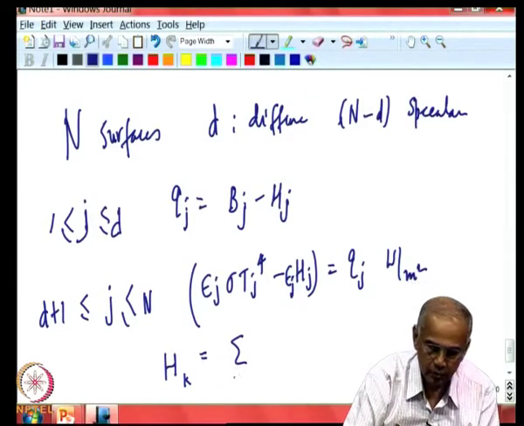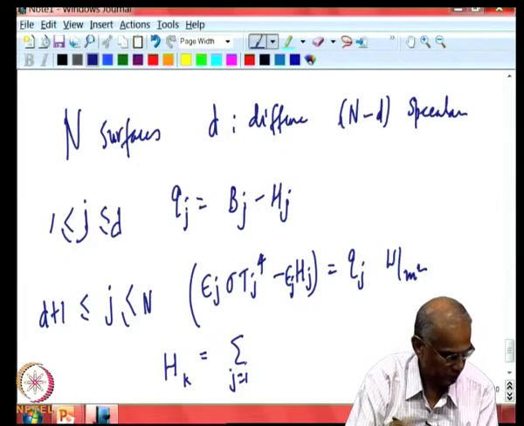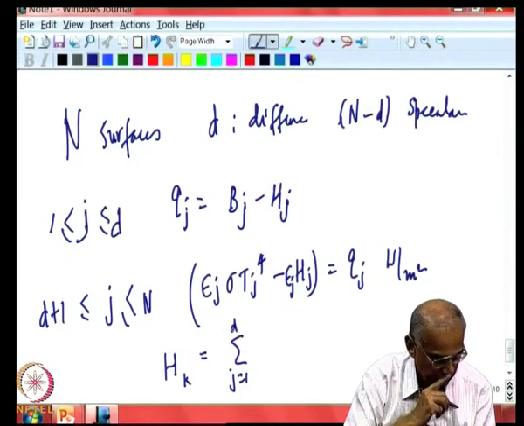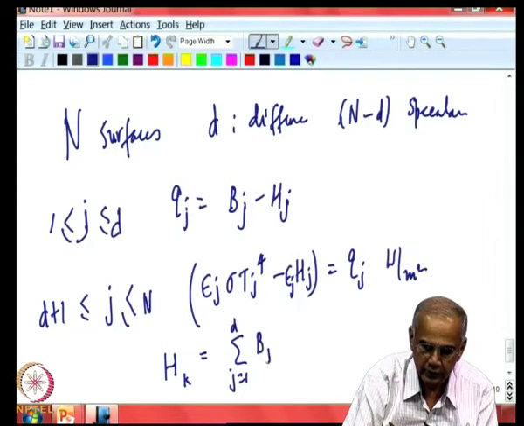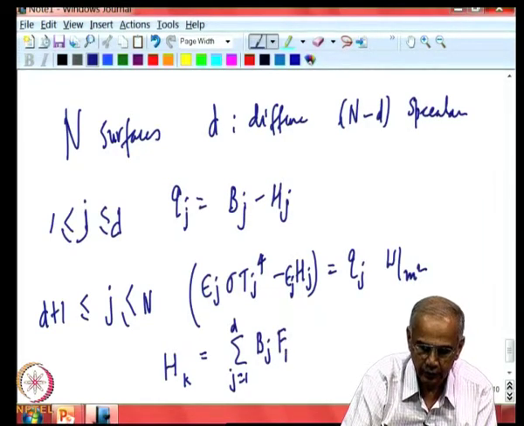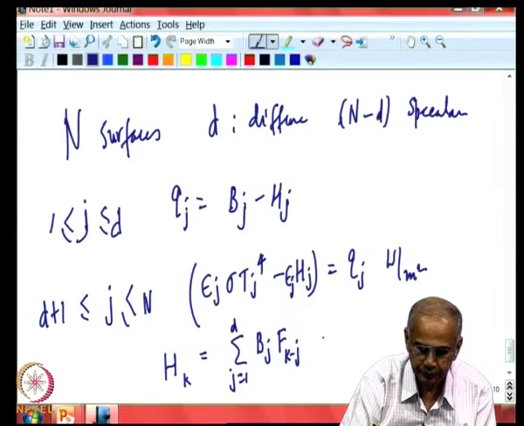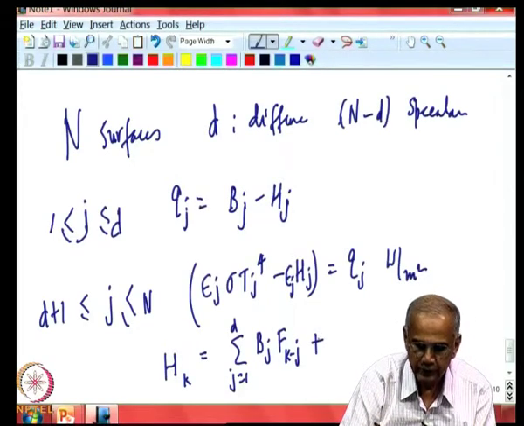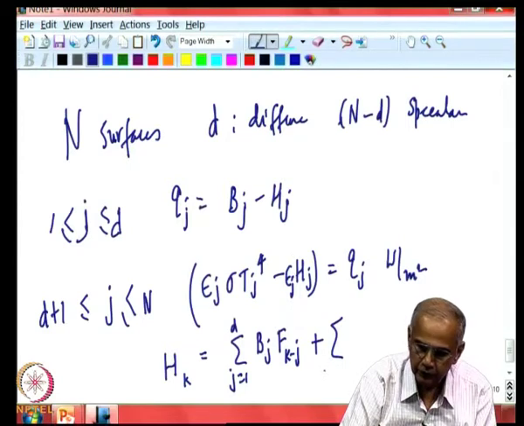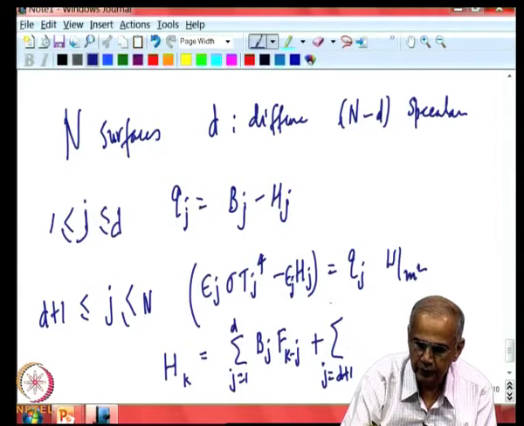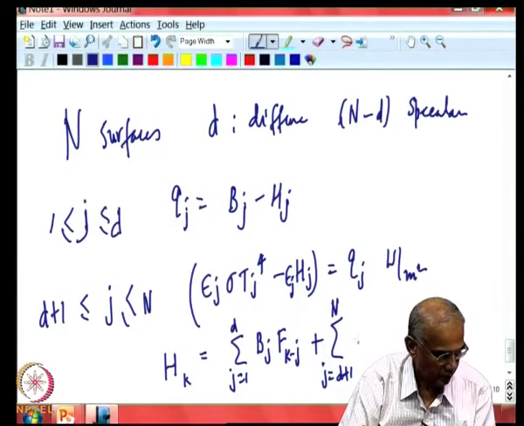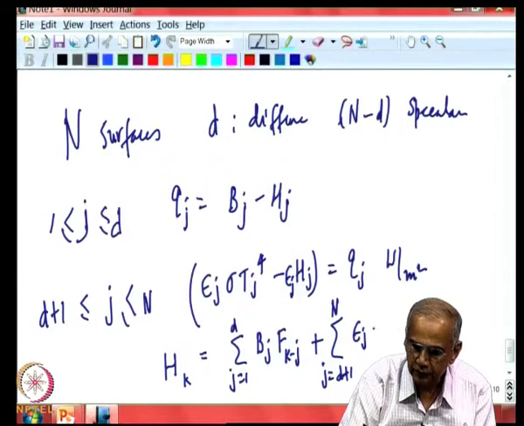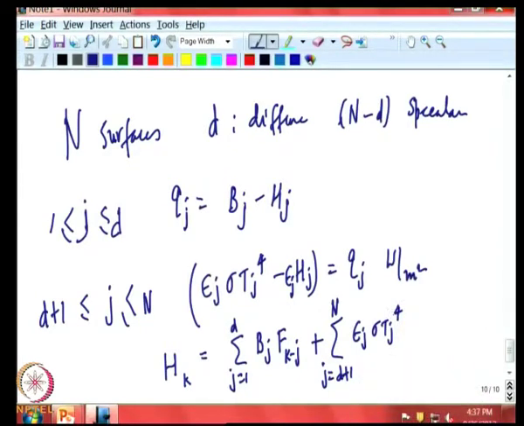So, you take j equals 1 to d, the d diffuse surfaces and calculate their radiosities, and after reciprocity that is what you will get. Plus for the surfaces which are not diffuse reflectors, you are going to consider E, which we just now developed. So, we will say emission from surface j and we will use E_kj.